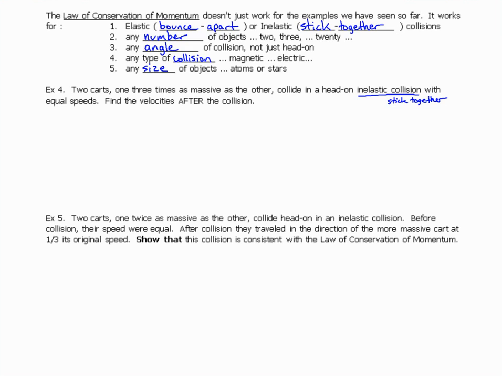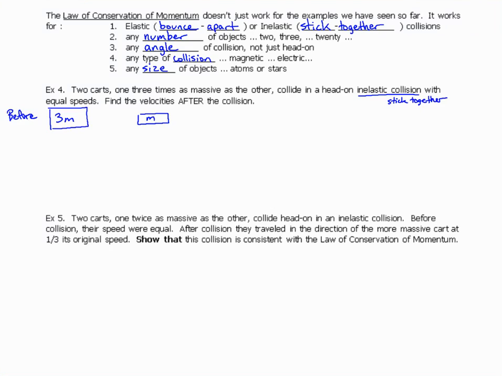So let's draw our picture. So before, 2 carts, one is 3 times as massive as the other. So here's 3m, and here's m. They collide in a head-on, inelastic collision with equal speeds.